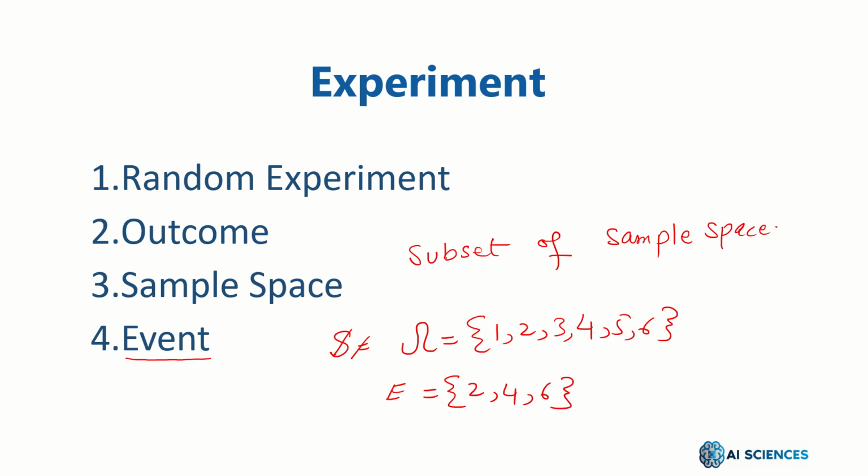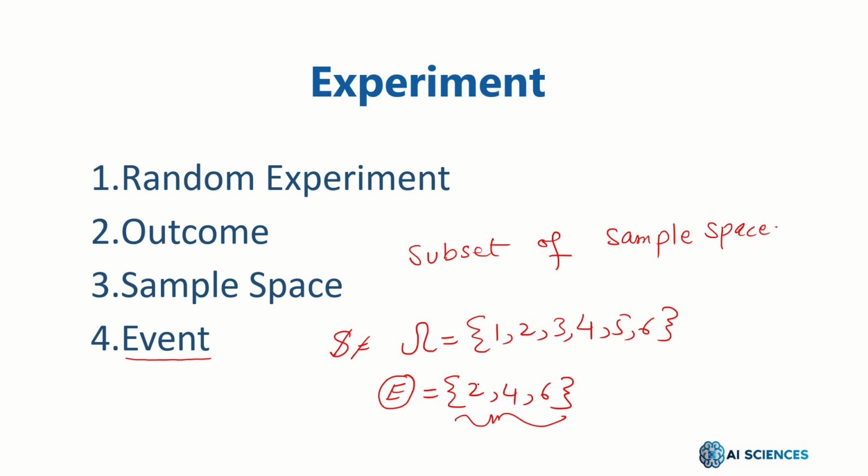If 2 occurs, if the outcome 2 appears, then you may win the game. If 4 appears, you may win the game. If 6 appears, you may win the game. So basically, for winning, you are interested in this particular event to occur. We say an event occurs if any of its outcomes appears.